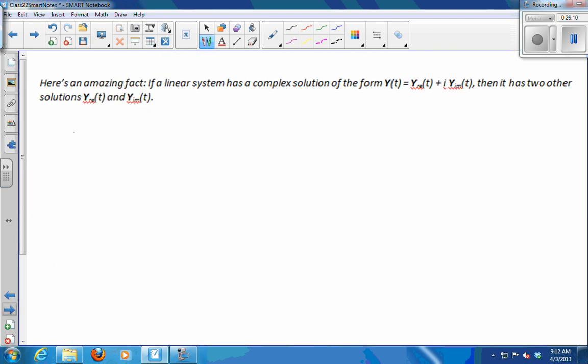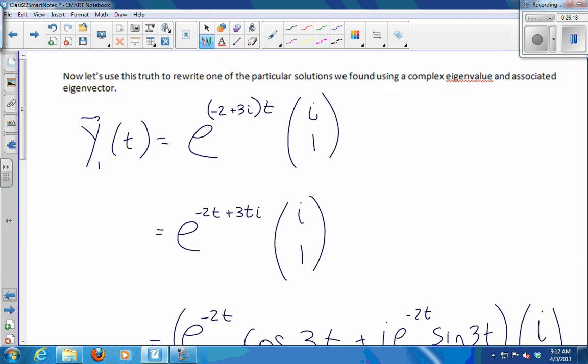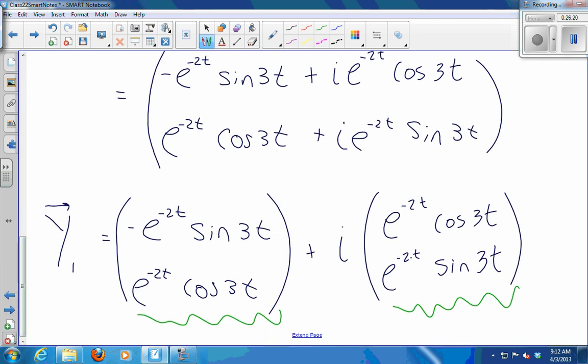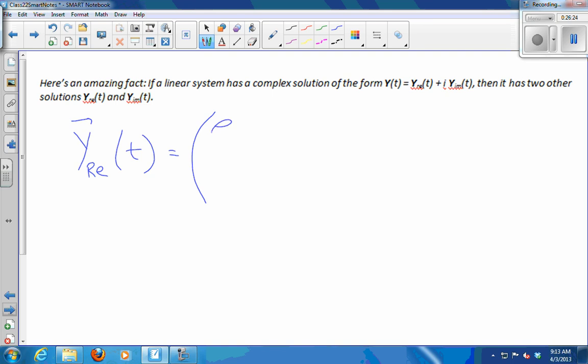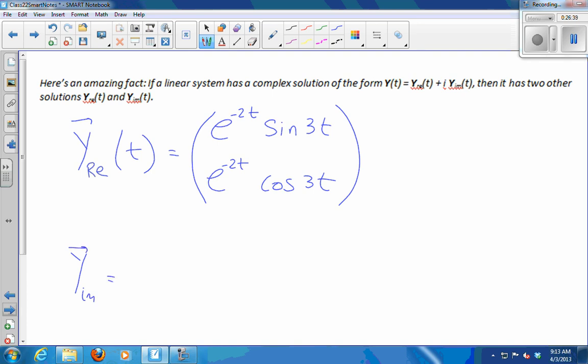So that's going to be e to the negative 2t sine, and then my other solution.